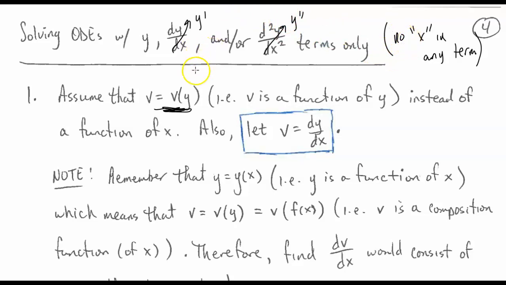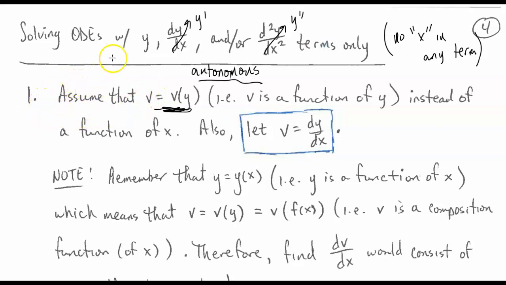Since we don't see any x here, it is safe for us to call this an autonomous type of ODE. Okay, and of course, autonomous just means that you don't see the independent variable at all in the equation. And in this case, we're assuming that the independent variable is x.